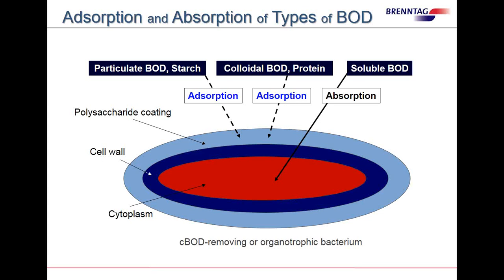So this could be a problem for you treatment plants, which we've seen before, that this colloidal or starch will hang around and get hung in this outside coating. Now, if there's not enough nutrients in the water, it could be there for a long time. It could be there for days, maybe 3 to 5 or 10 days. And then you get a real problem in a treatment facility because you're not absorbing the waste like you should. So that's what happens when you get BOD that's hung up in a cell.